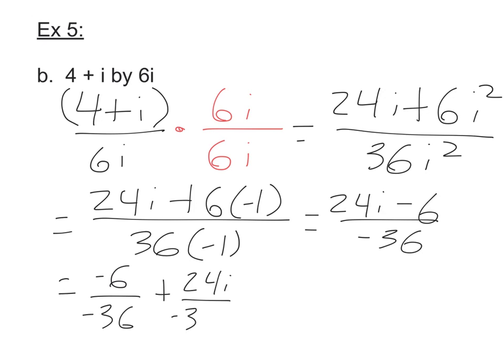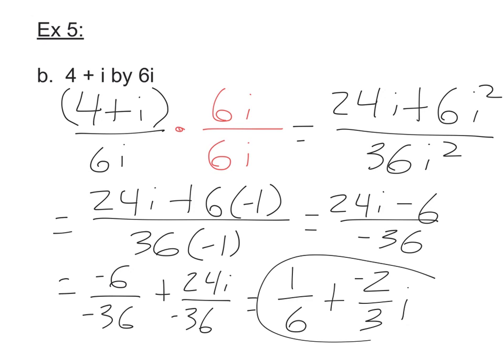And again, I distributed. I put the 36 underneath each term, and when we simplify, notice those two negatives cancel each other out. That looks a lot better. And then 24 over 36 reduces down to 2/3. So negative 2/3 i. If you wanted to, you could just go 1/6 minus 2/3 i. Same thing. There's your answer.